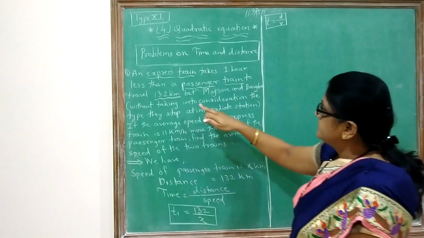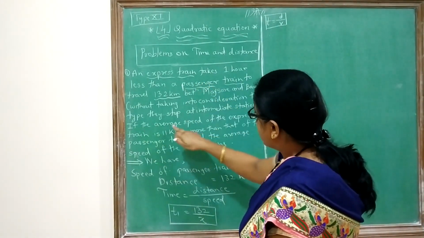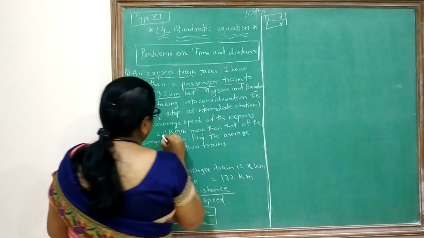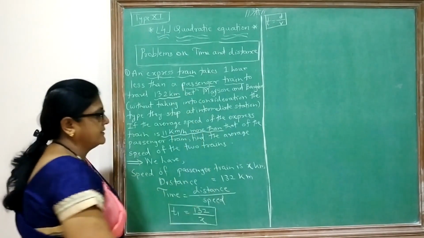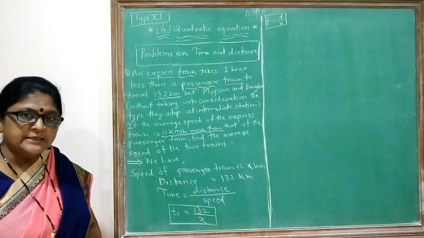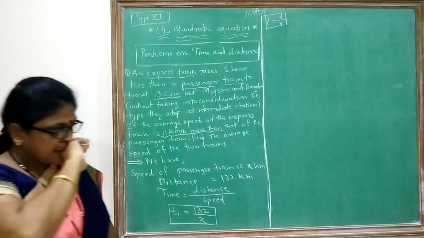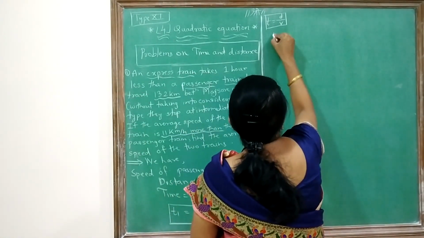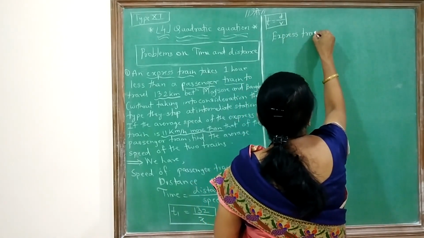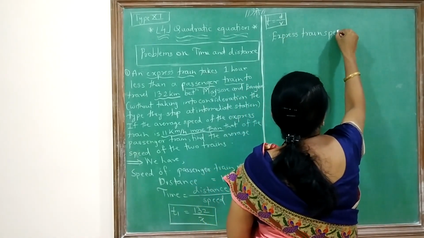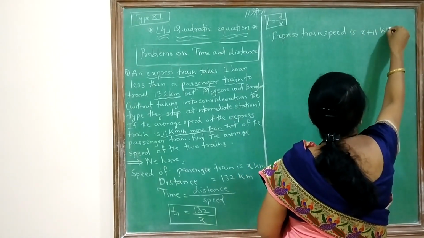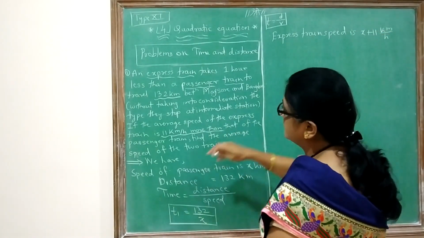In the express train, the average speed is 11 km per hour more, that is x plus 11. Therefore the express train speed is x plus 11 km per hour.